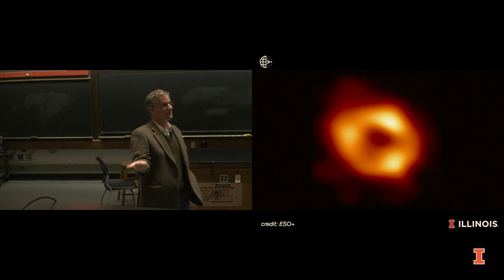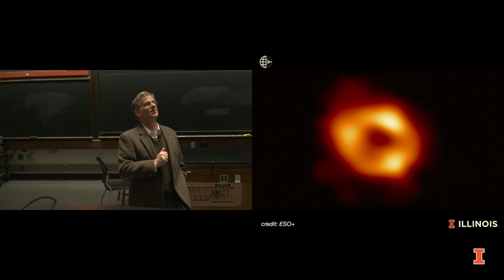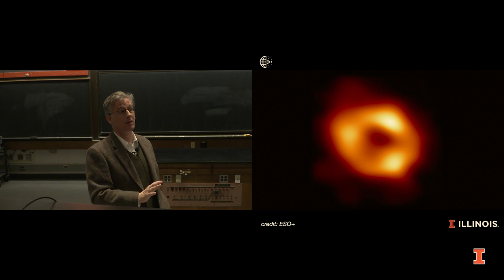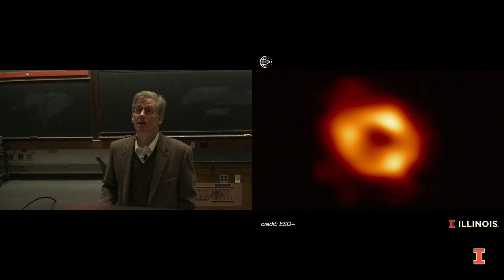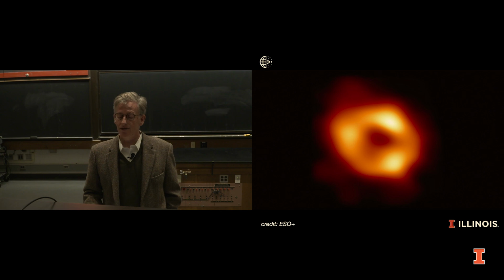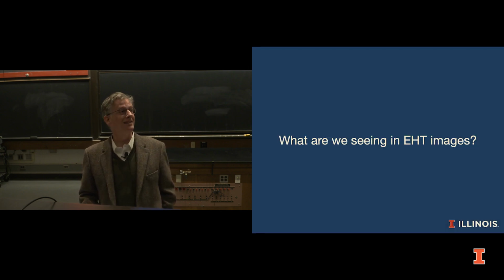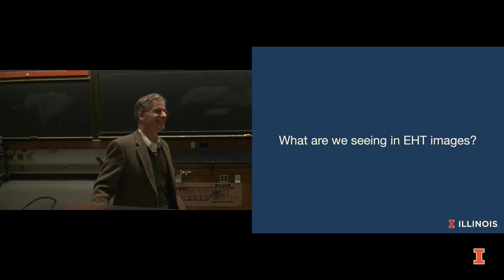And I'm just about to do that piece of the talk, so thank you. But the short answer is it's from things that are near the black hole. So we don't see any radiation from the black hole itself. That's the defining feature of the black hole.